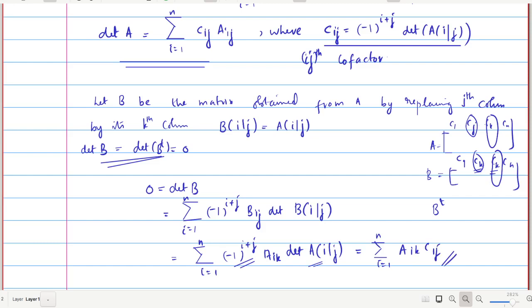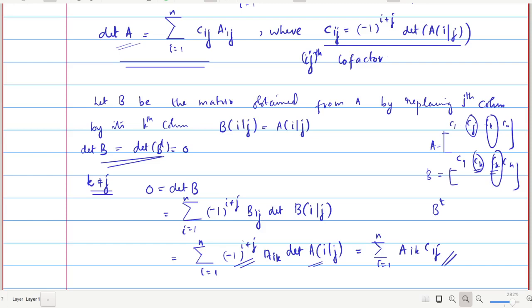Now we can conclude that the sum over i equal to 1 to n of C_ij A_ij is always the determinant of A, and for any k not equal to j, that means any column suffix that is not equal to j, this sum is always equal to 0.